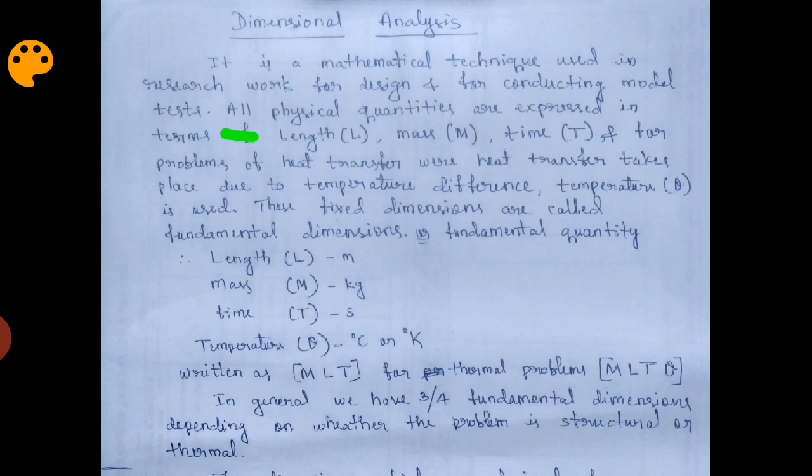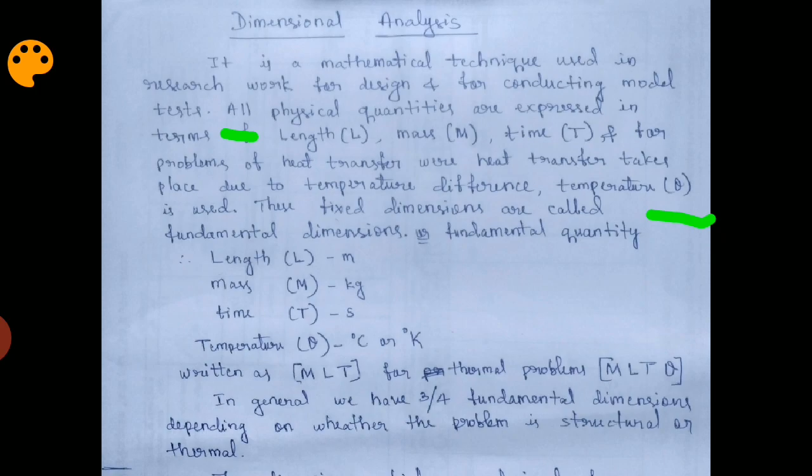In such cases we use one more term, temperature, which is indicated by theta. So basically we have four fundamental dimensions: M, L, T and theta. So these all are fundamental dimensions or fundamental quantities.